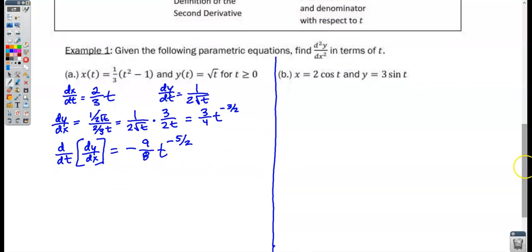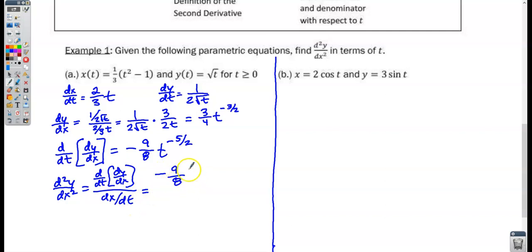And now, to find the second derivative, d squared y over dx squared, that's going to be equal to the derivative with respect to t of dy/dx divided by dx/dt. So it's going to be equal to negative 9/8 t to the negative 5/2 divided by 2/3 t.